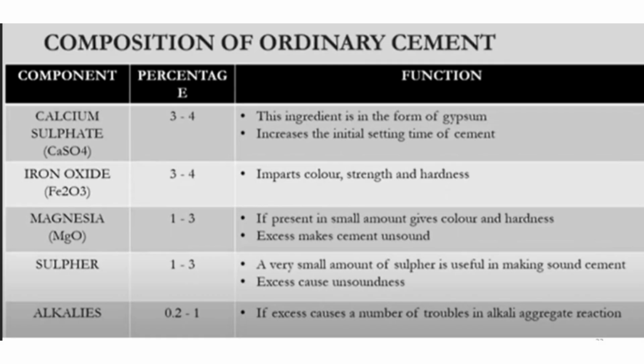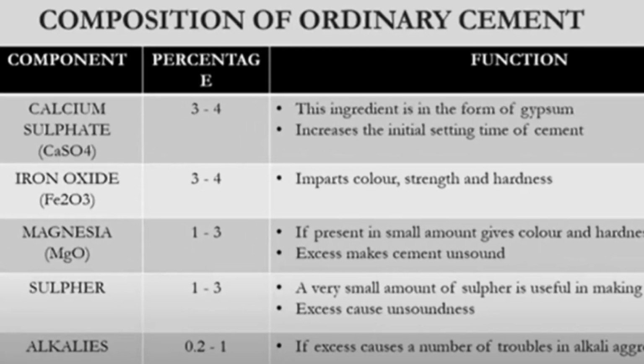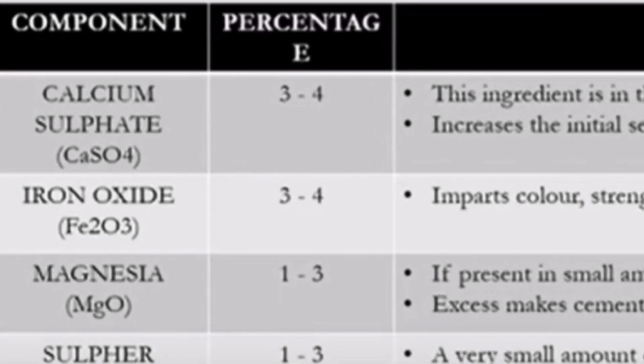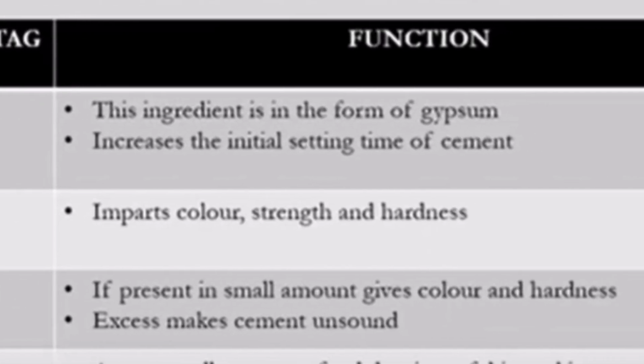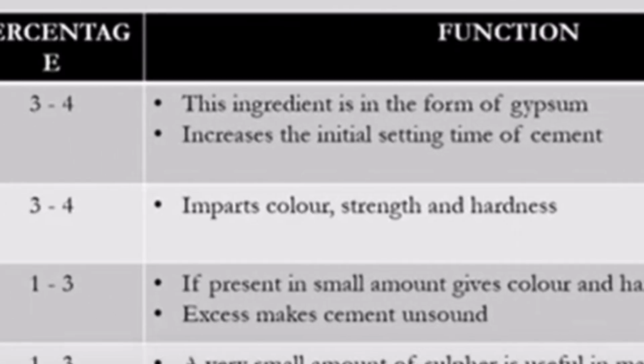So next we will see the other components available in cement, that is calcium sulfate, that is CaSO4. The percentage available is 3 to 4%, and the function is it increases the initial setting time of the cement, and this ingredient is available in the form of gypsum.